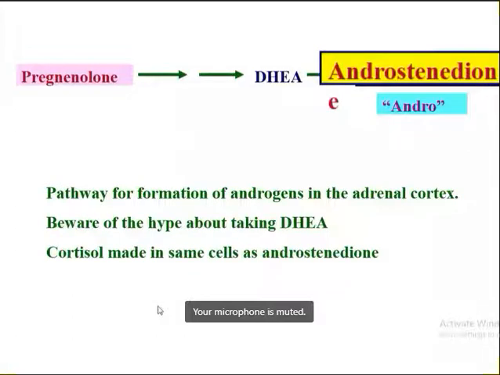Now this is a general pathway: pregnenolone, DHEA, androstenedione. This is how androstenedione is formed.